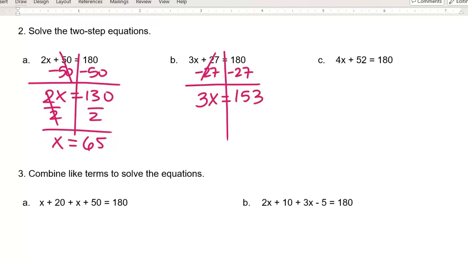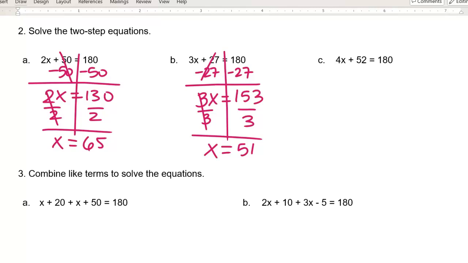We undo times with divide. I'm going to divide each side by 3. 153 divided by 3 is 51. X equals 51.